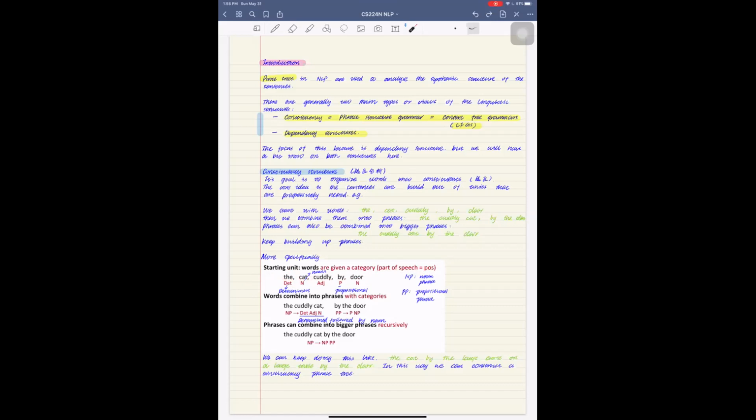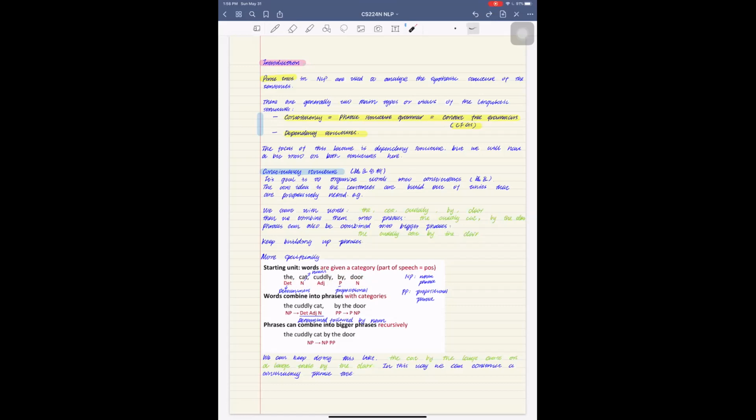Cat is a noun. Cuddly is an adjective. By is a preposition. And door is another noun. Those are their roles, or part-of-speech tags, that is, what role they play in the entire sentence, or in this phrase here.